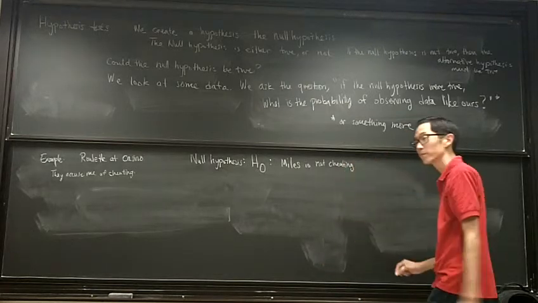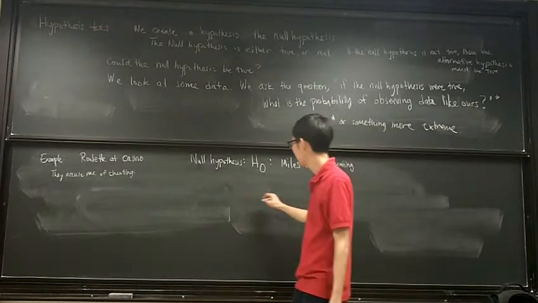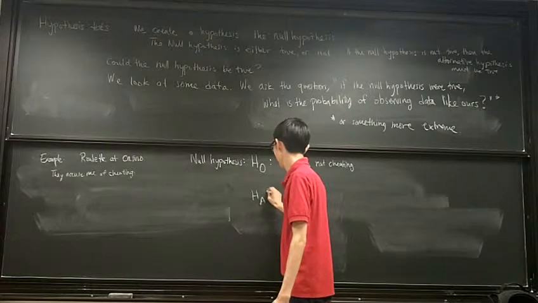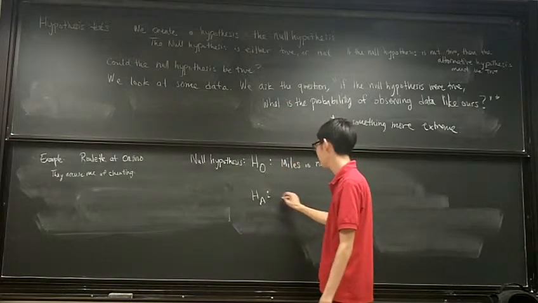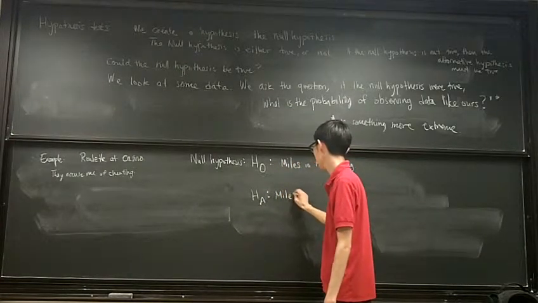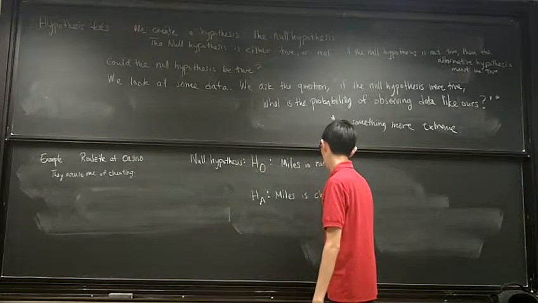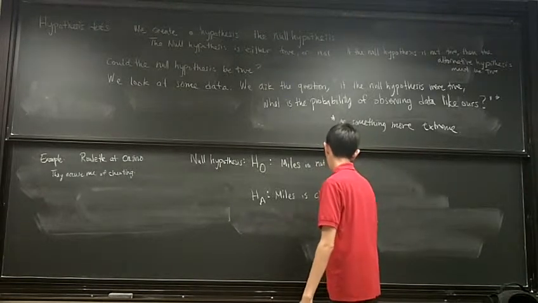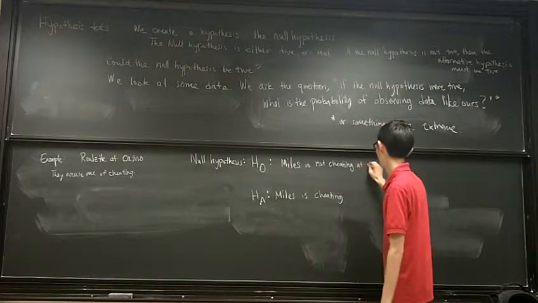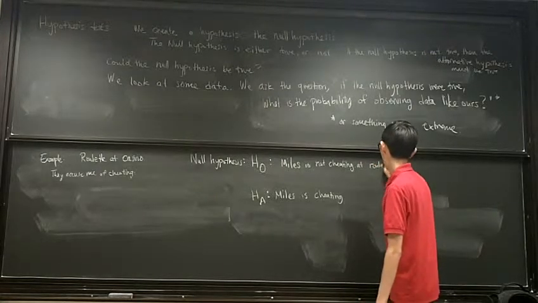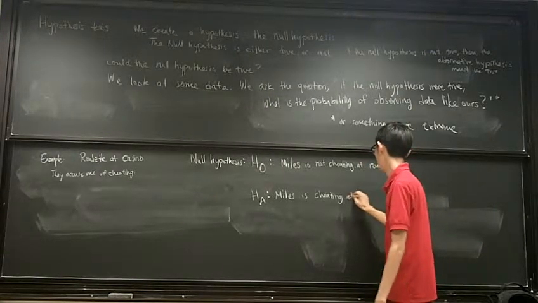And the alternative is that I am cheating at roulette. So if the null isn't true, then the alternative must be true.